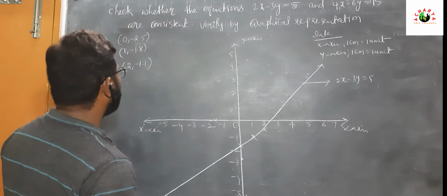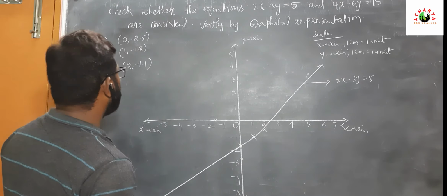Next, 1, minus 1.8, here. Next 2, minus 1.1, here. By using these points we draw a straight line and put arrow marks, and the line representation is 4x minus 6y equal to 15.